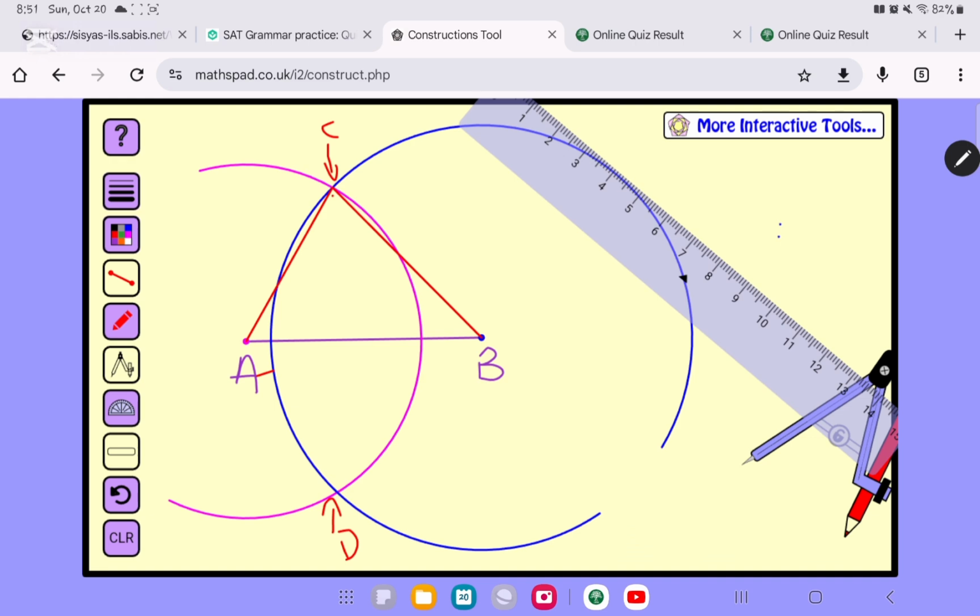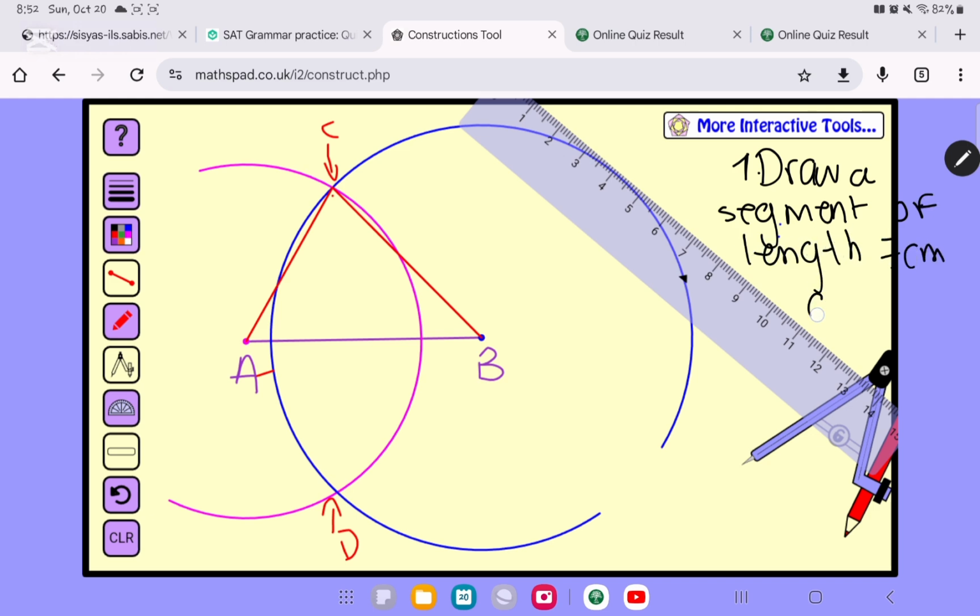So if we write the steps, I'm going to use black color. The very first thing that we did is draw a segment of length 7 centimeters as the base.